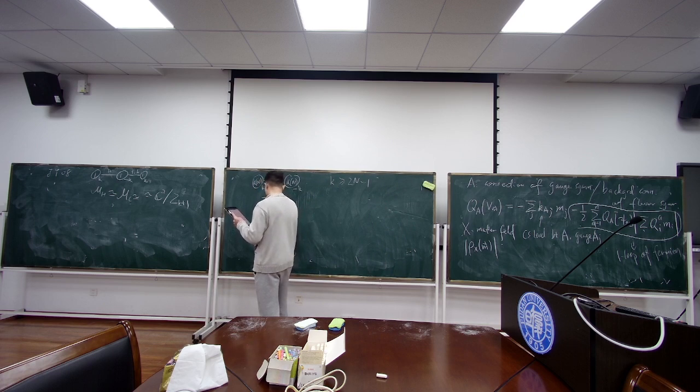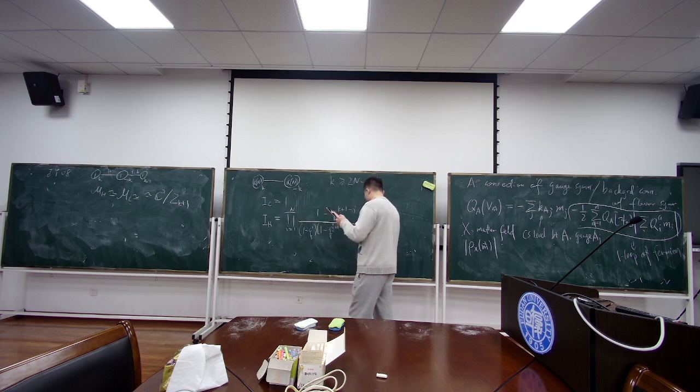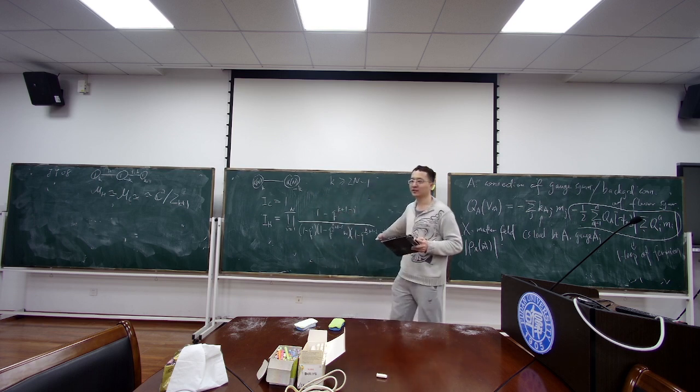The Higgs branch index is actually this, and it is a complete intersection from the Hilbert series.